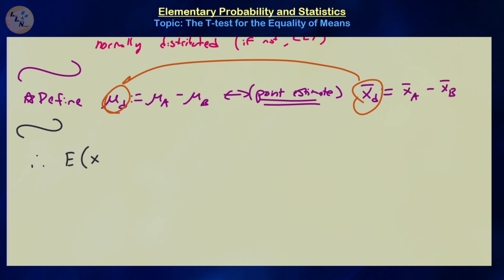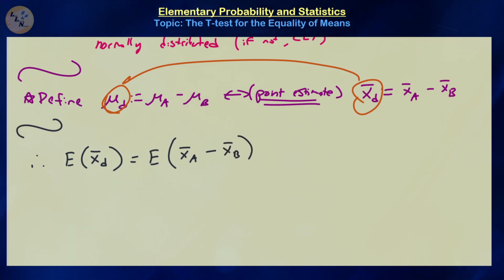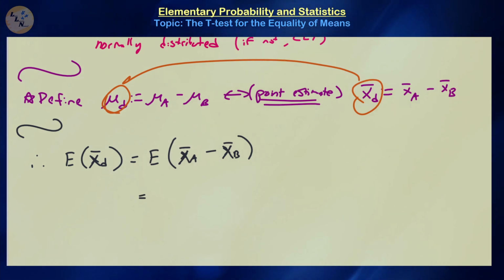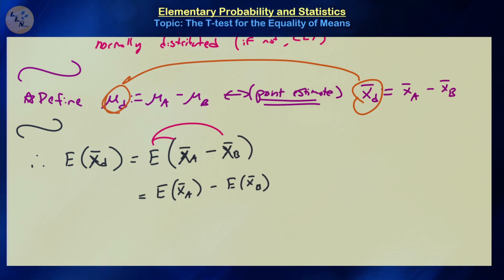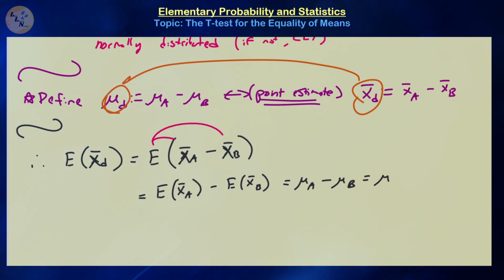The expected value of the random variable x bar d is of course going to be equal to the expected value of its definition, so x bar A minus x bar B. Keep in mind these are not numbers, they are random variables, so technically these should be capital X bar A and capital X bar B. By properties of expected values, I can distribute that over the difference, and that's going to be equal to the expected value of x bar A minus the expected value of x bar B. We already know that x bar is an unbiased estimator for mu, therefore this is equal to mu A minus mu B, which is of course the definition of mu d.